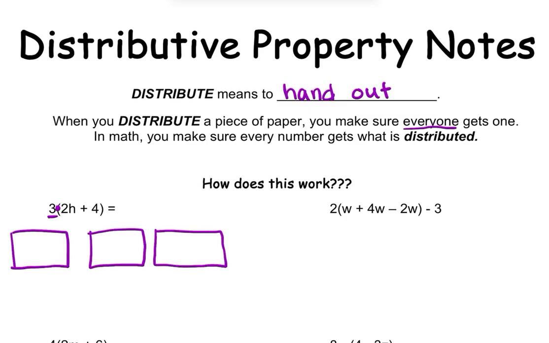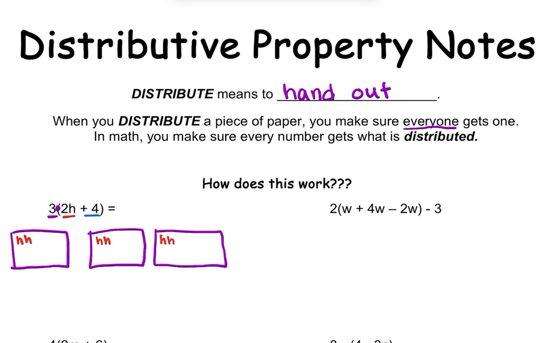Okay, and then inside those boxes, I am going to have 2 H's in every single box. So I have 1, 2, 1, 2, 1, 2. So every box has 2 H's. Okay, and then if we look further down the problem, we also have 4, and they are positive.